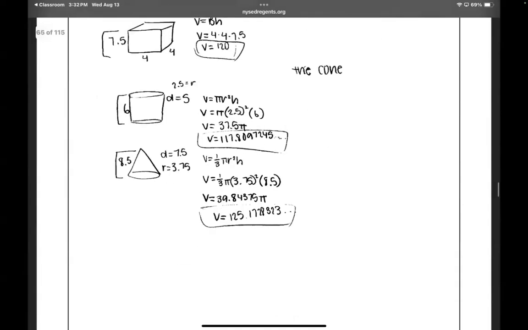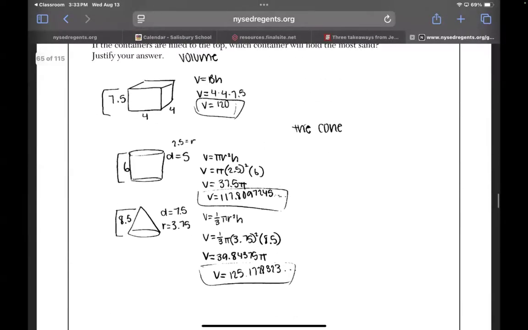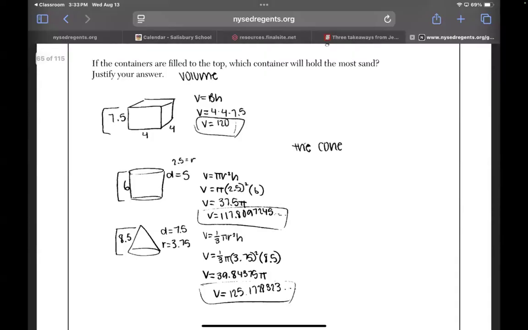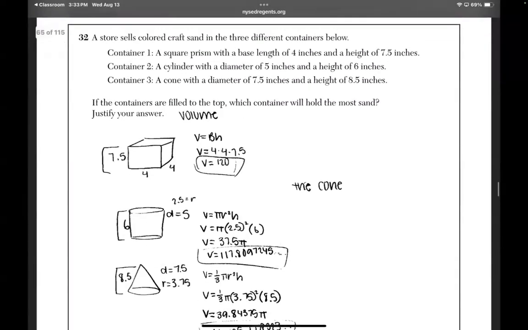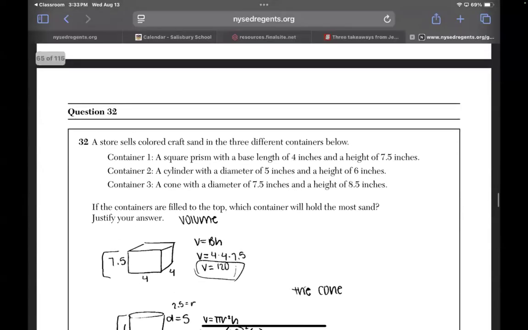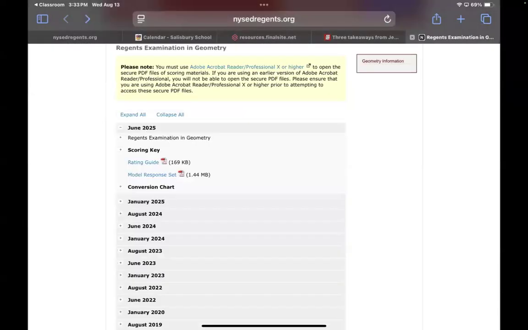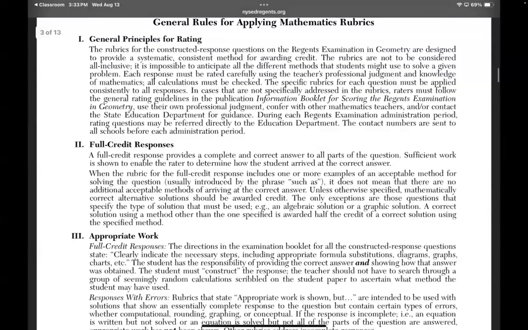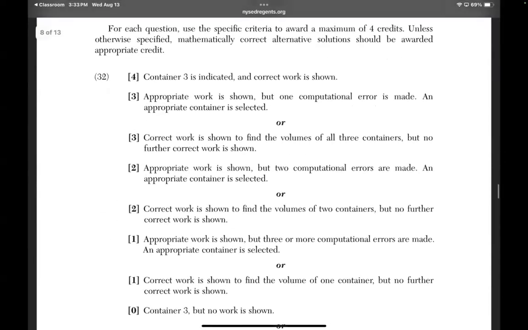Okay, this one here, I wanted to show you. Here are all the correct responses, but it's really easy to get points. Here, let me show you one other thing. If you go to the rating guide, this is the grading rubric for each of these things.